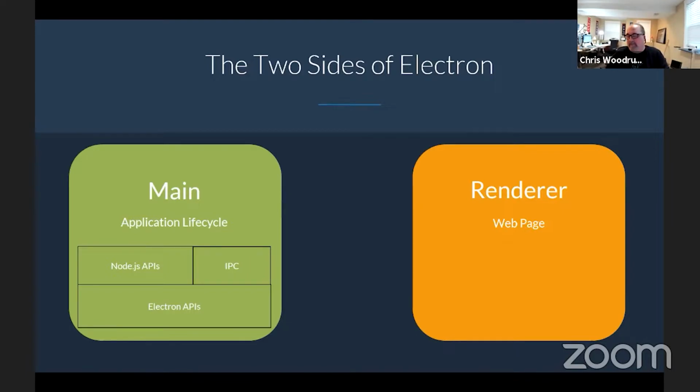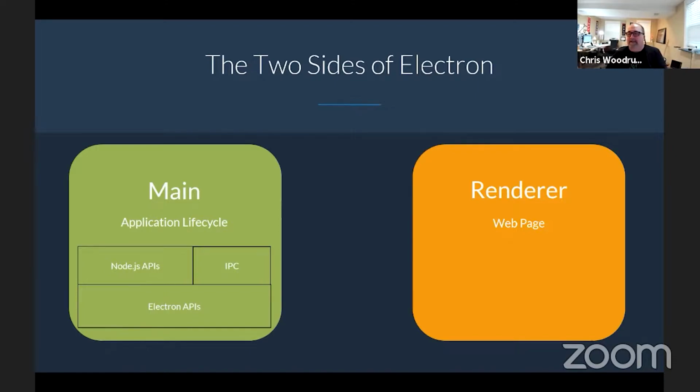So in the case of an open dialogue, if I'm opening a file, the main application has the menu for your application. It has the menu item for opening, getting an open file dialogue. When that open file dialogue has one or more files selected, you can then send that location of those files over to what we call the renderer. So think of the renderer as the web page.